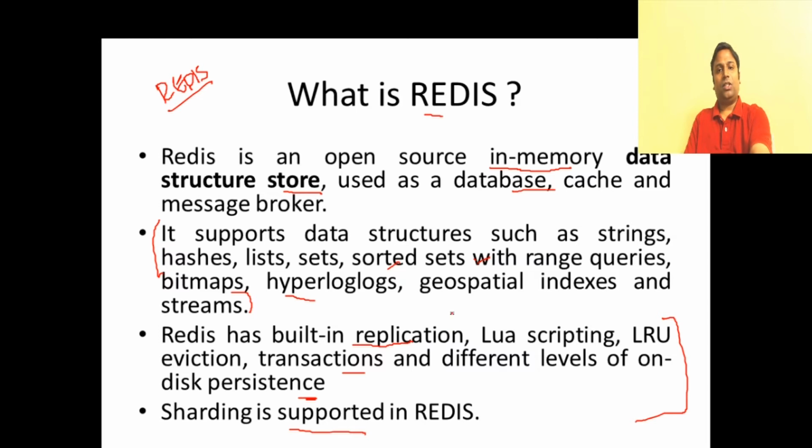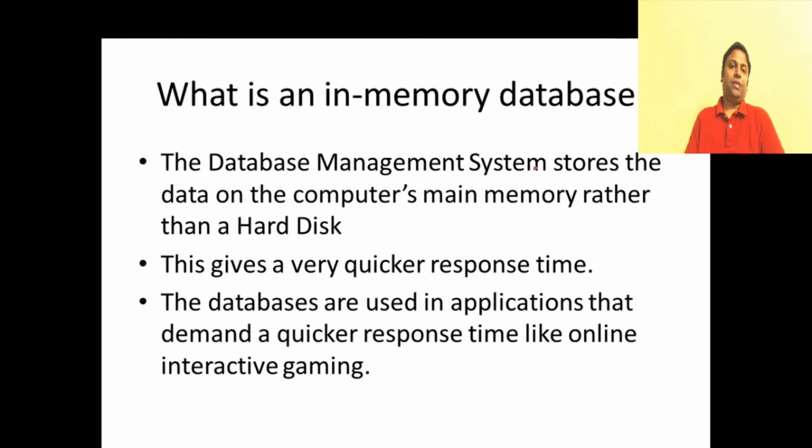So let's look at what an in-memory database is. We have to know the meaning of that, because I told you it's being used as a cache. When you say a database is in memory, what we have learned earlier is that whenever you have a database management system, it stores the data on the hard disk.